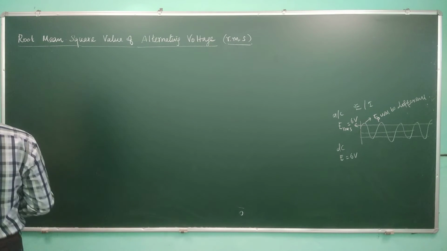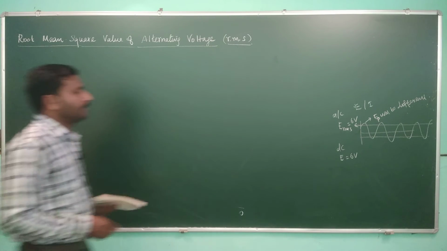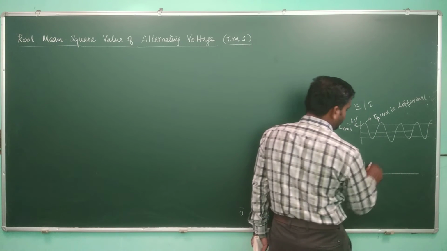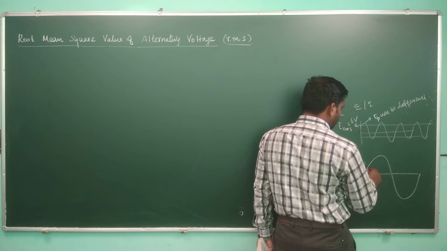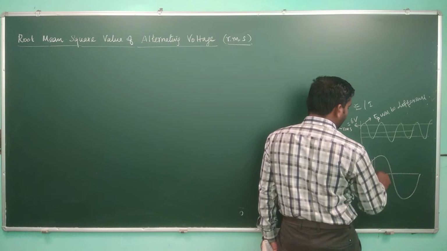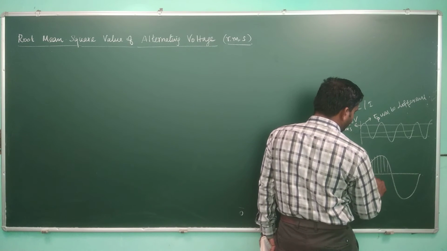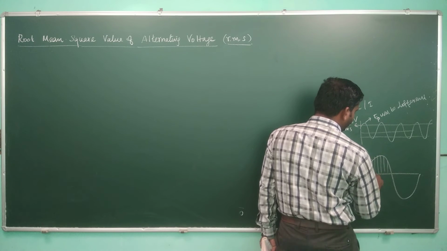How to calculate that? See, if this is one cycle, you have to take the instantaneous value for each time, for t equal to t0, t1, t2, for all time.